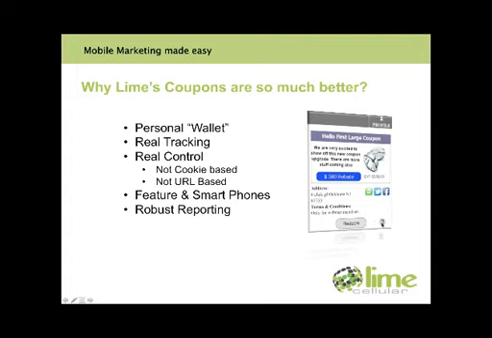We can tell you how many people deleted the coupon. If you send it to me and I click on it, we count it as viewed. If I delete it, we tell you the person deleted it. If I redeem it, you'll know. So if you send a coupon and see people deleting it, your offer needs to be a little better. Those reports are very, very important.